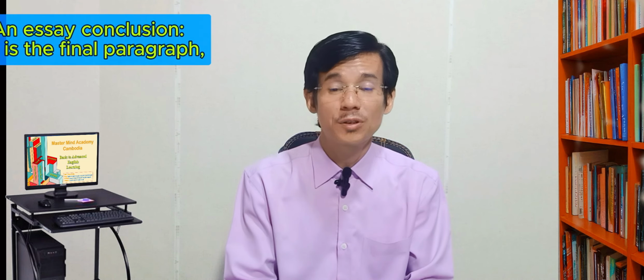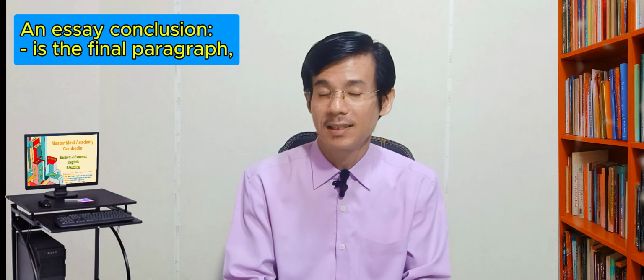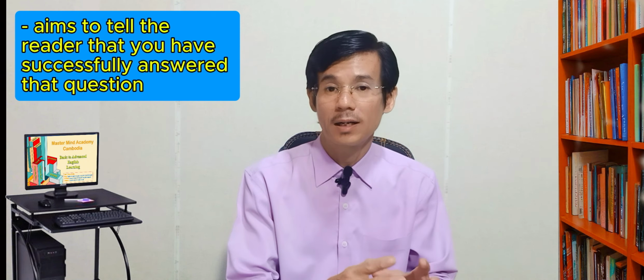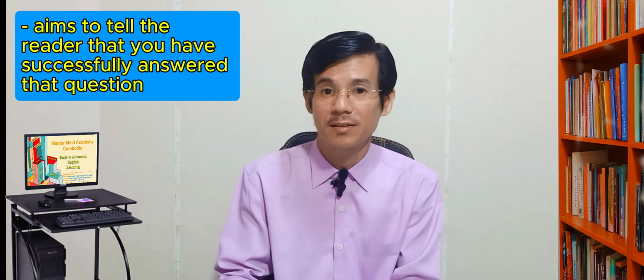Okay, so let me start with the question, what is the conclusion of an essay? The conclusion of an essay is normally the final paragraph of an essay. It tells the reader that you have completed an essay or that you have successfully answered the question that was set.